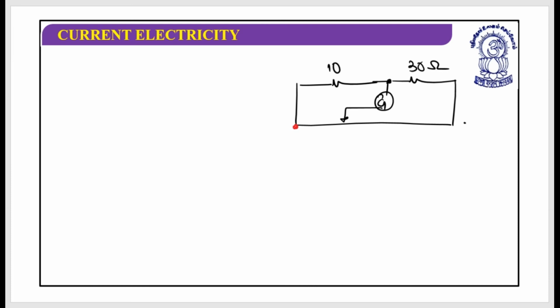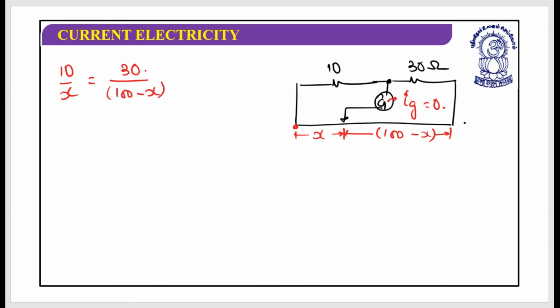Let's suppose this is x, then this should be 100 minus x. So again it is the null point, or the current through this would be 0 if 10 by x equals 30 divided by 100 minus x.